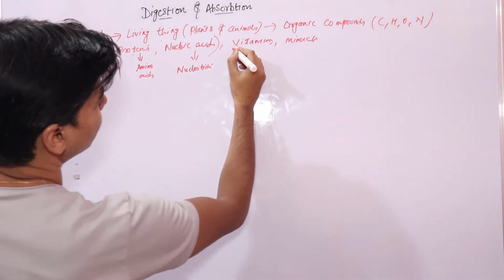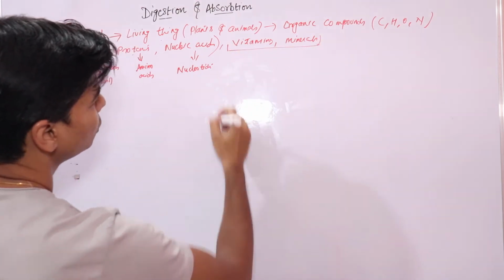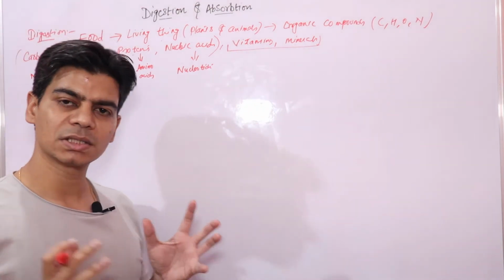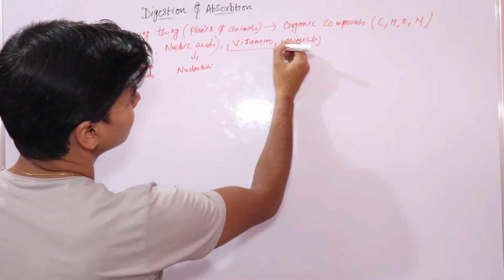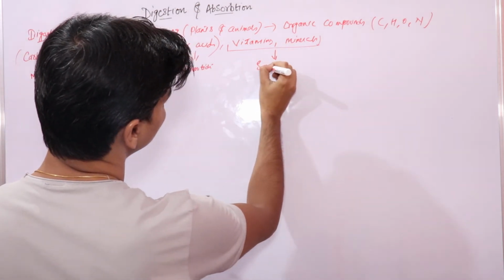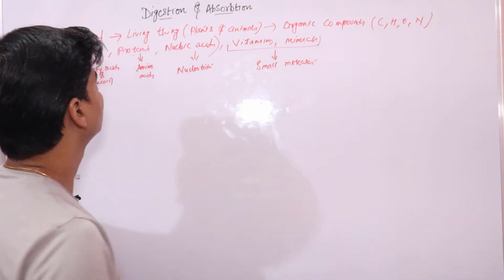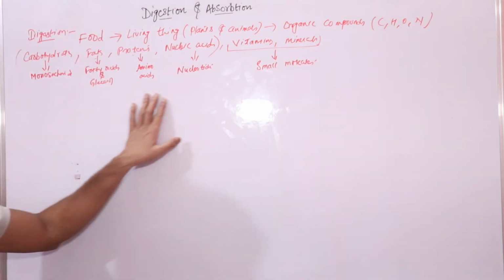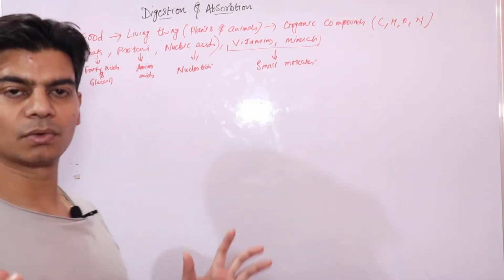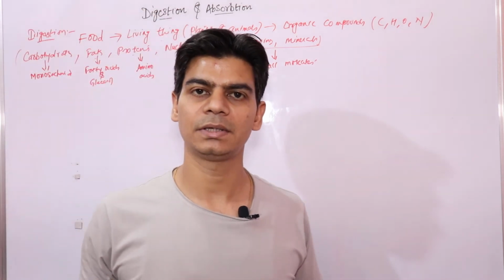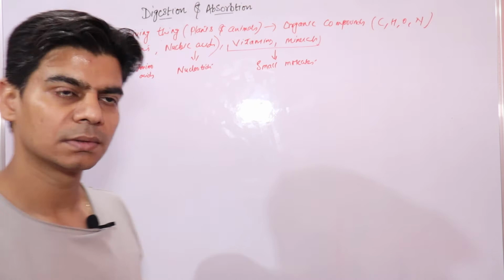right? And vitamins and minerals, these are small molecules, right? These are small molecules, right? These are macromolecules, right? Carbohydrates, fats, proteins, right?